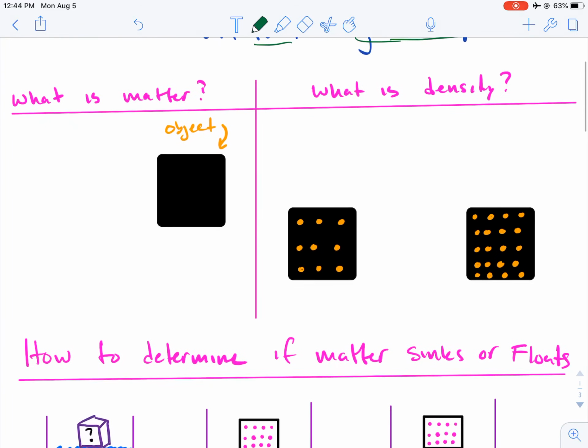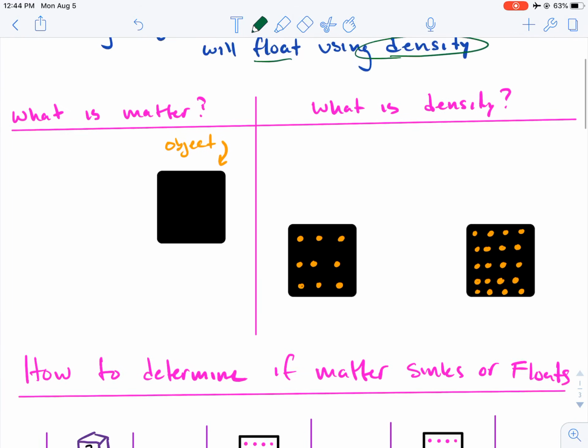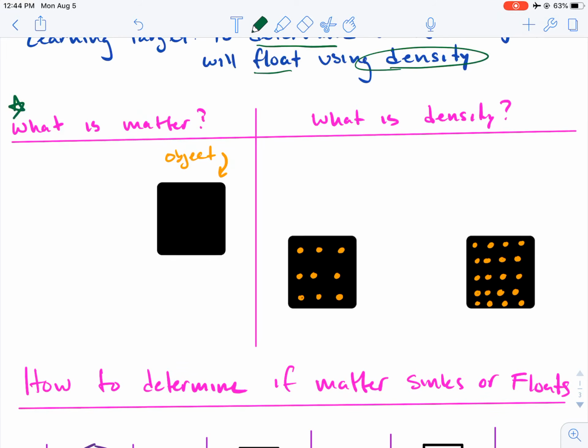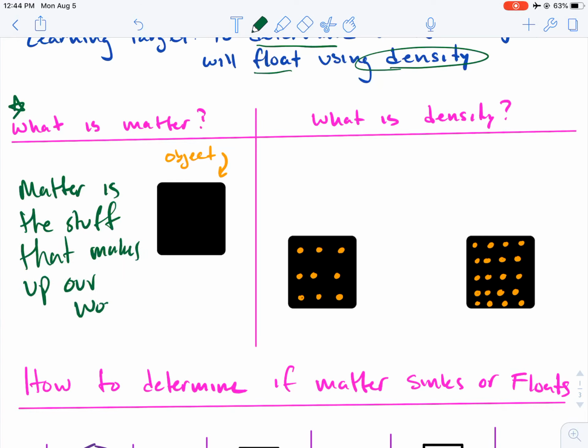So before we get into floating and sinking, just a couple review questions. And the first is, what actually is matter? So remember back to our previous video, matter is the stuff that makes up our world. The chair you're sitting on, the paper that you're looking at, the computer screen that you're looking at, all made out of matter.